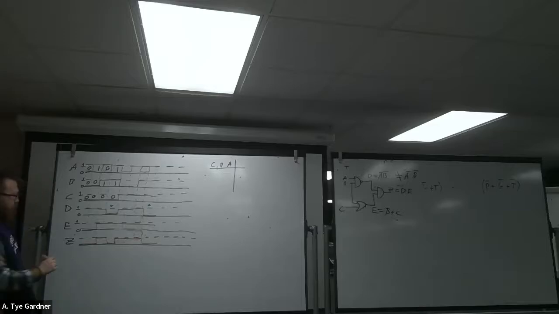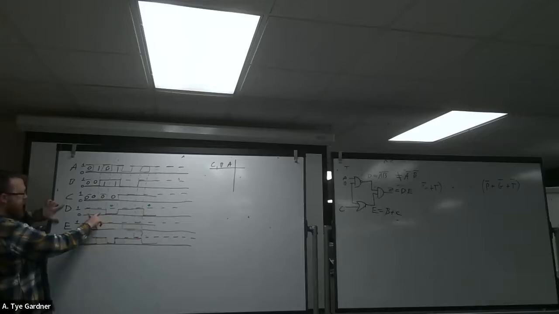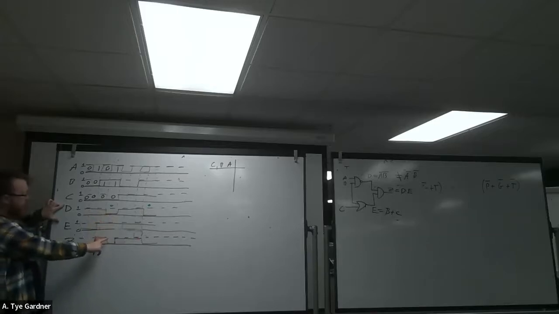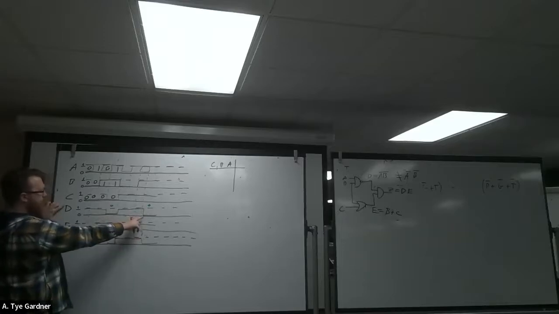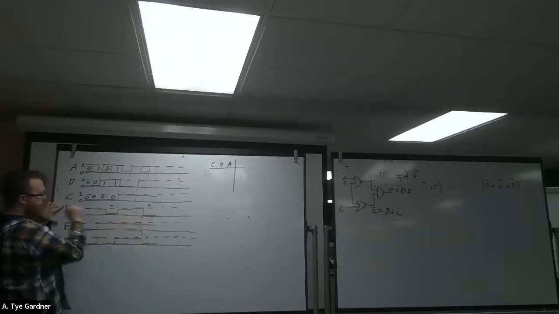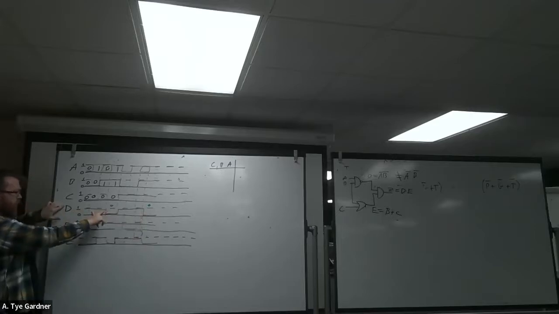No, D goes all the way across. D and E. D has a 0 here. So this is 0. Yeah, but then on the end, it should go all the way to the end. D drops to 0. No, but see where D is 1, the input 1, it goes all the way across. So shouldn't that be true all the way across?